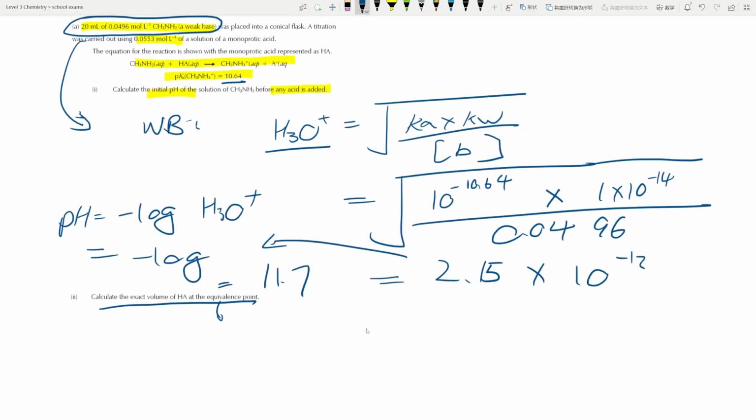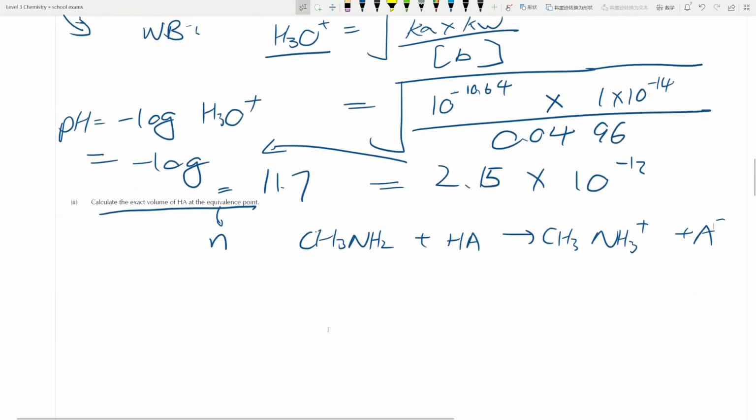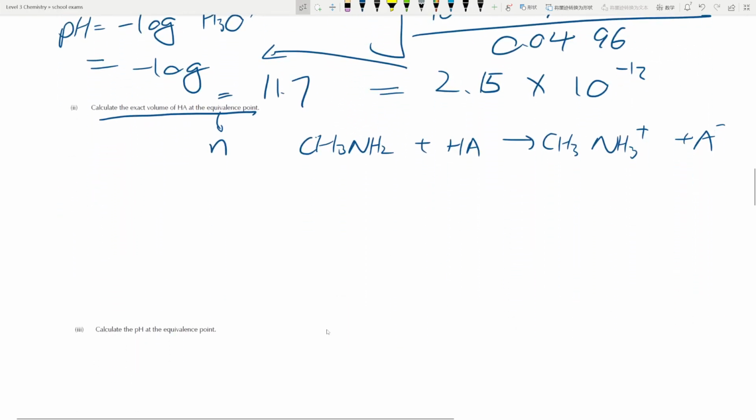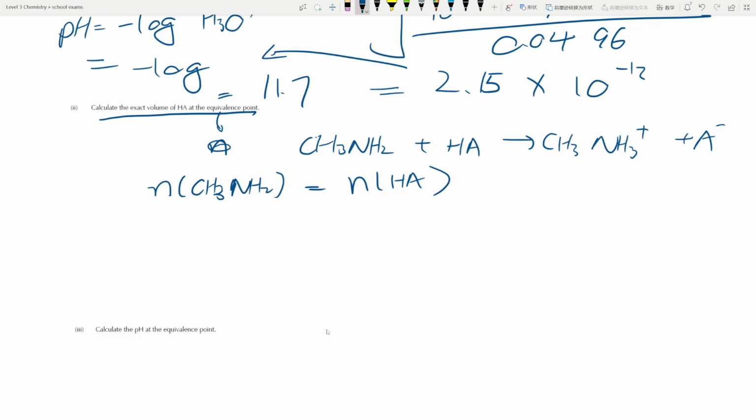Equivalence point means that the moles of CH3NH2 and the moles of HA are exactly the same, equal amounts. So therefore this is gone, and you make the other stuff on the right hand side.